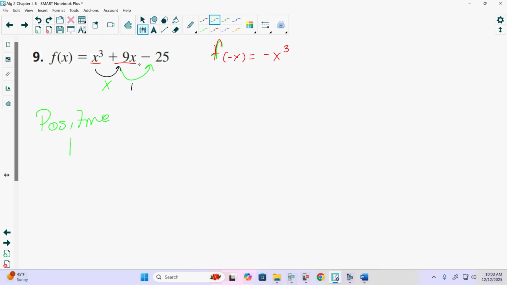X is not written to the first, but it's understood to be, which is an odd power, so we change it from positive to negative. 25 does not have a variable, so we don't do anything with it. And the number of sign changes for negatives is 0. It did not change.